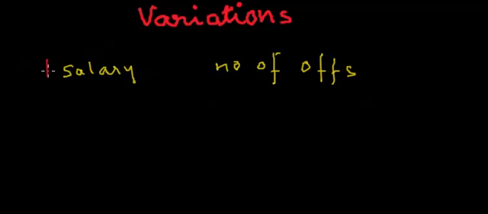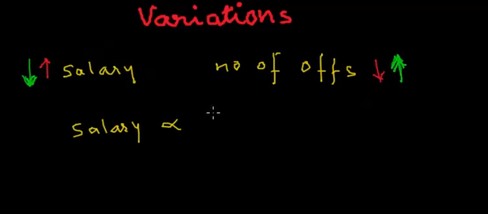So if a person wants more salary, he has to take less number of offs, right? And if you want less salary, which will not be the case, he has to take more offs. Or this can be understood as, if a person's number of offs gets increased, his salary will decrease, right? So in this particular case, the salary is inversely proportional to the number of offs, right?